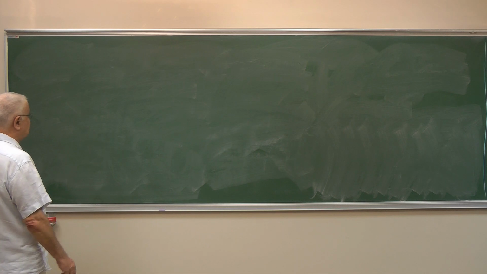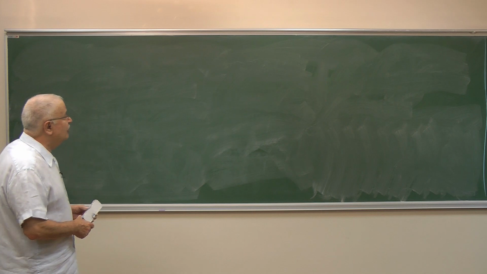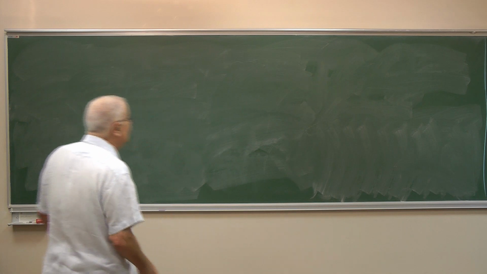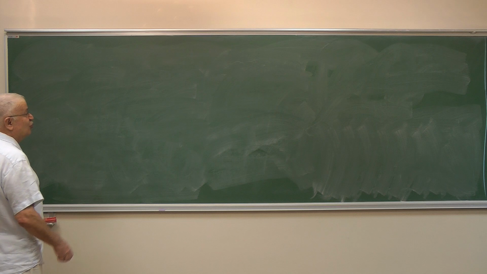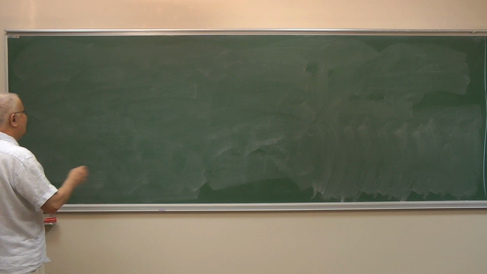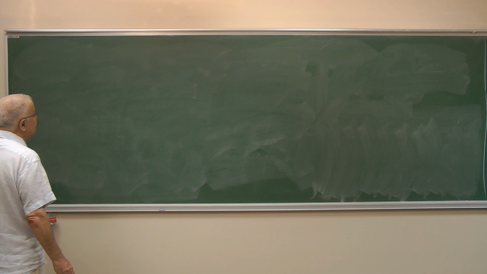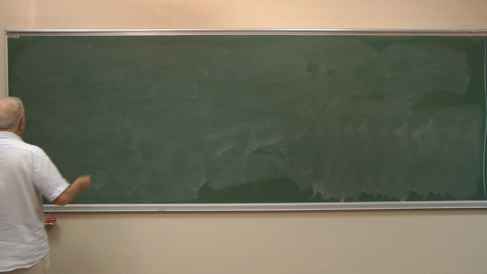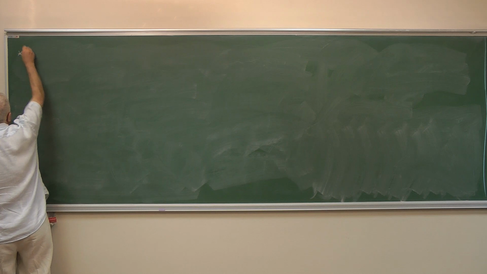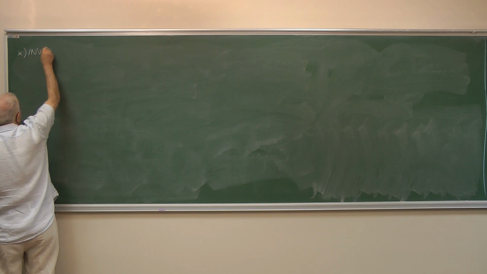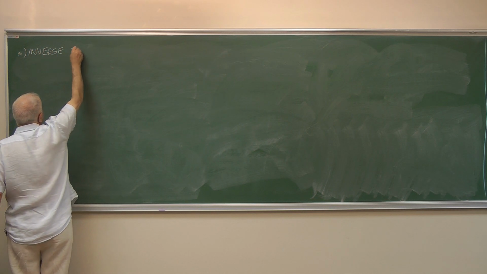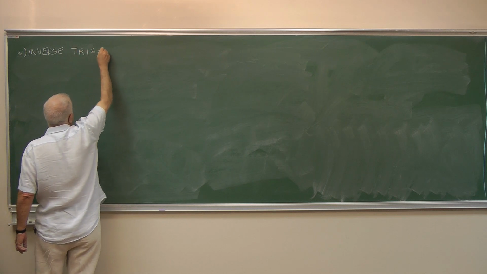What's the use? Of course, they have no idea that all these business cycles, so on and so forth, when analyzed through Fourier analysis, involve trigonometric functions. Which brings us to inverse trigonometric functions.